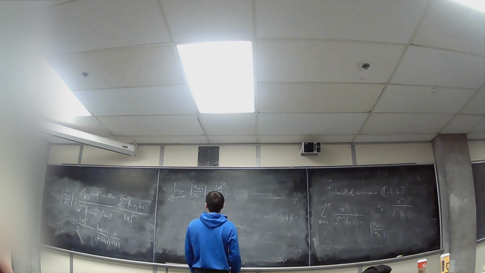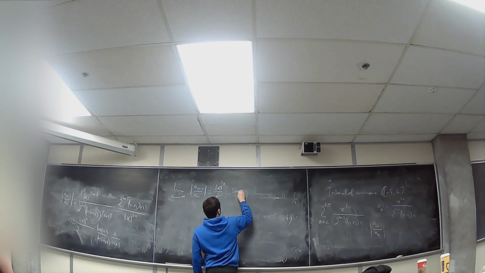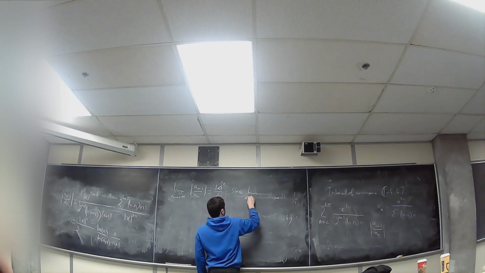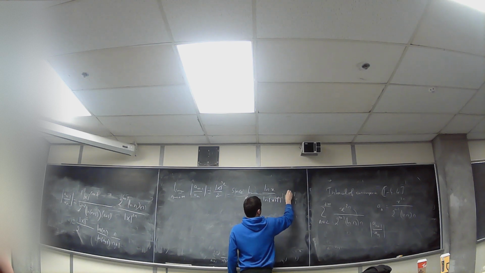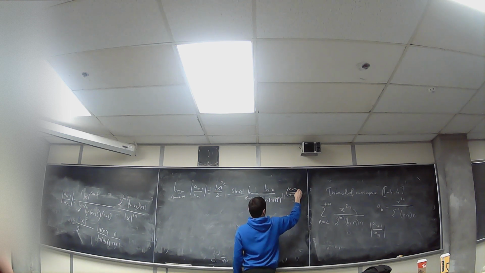Anyways, now it's going to get ugly, but that's okay. Since the limit as x goes to infinity of log x over log x plus 1 is infinity over infinity, right?